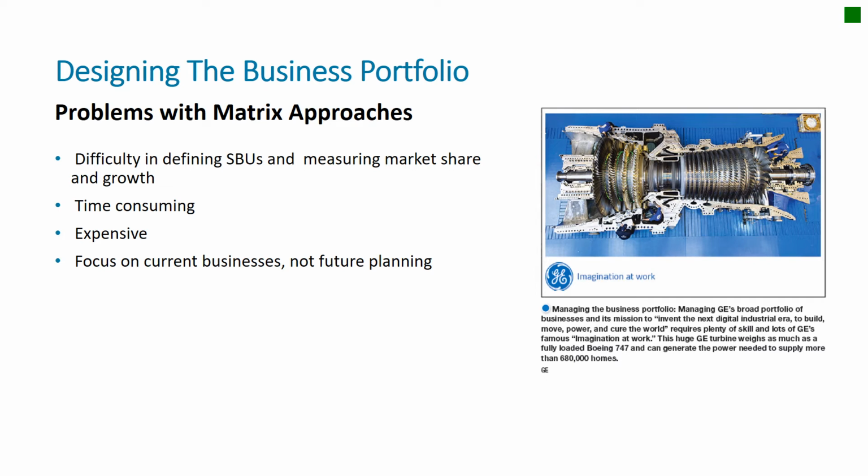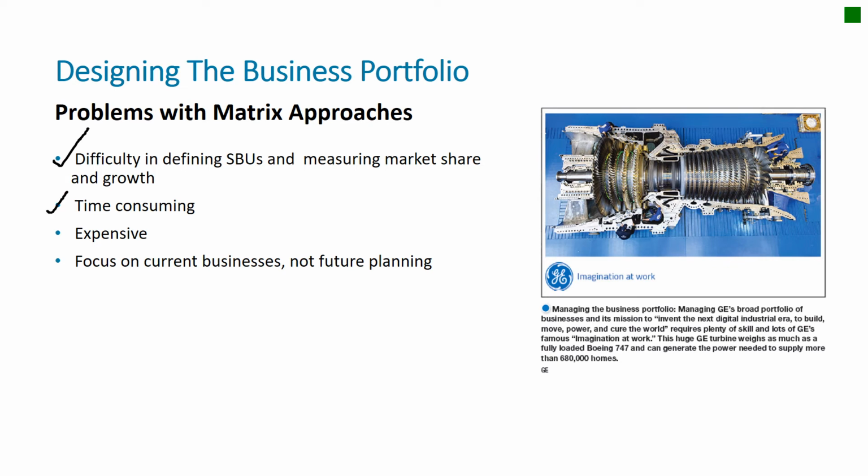The first one is the difficulty in defining SBUs and measuring market share and growth. As you know, the market is very volatile and unpredictable, so it is very difficult for strategic business units to measure how big the market share is and predict the growth of a certain product.